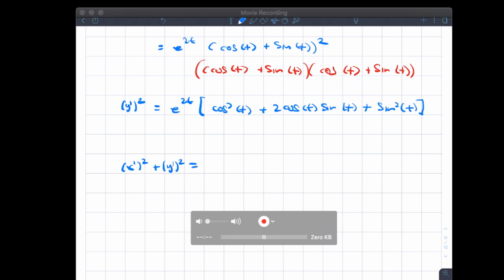When you do that algebra, you're going to end up here with e to the 2t times 2 cosine squared t plus sine squared t. I'm sorry, 2. You're going to get 2 of those.